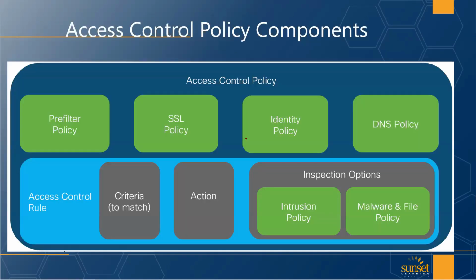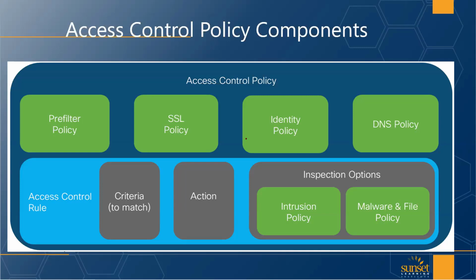So access control policy components. I like this slide here because this basically shows you what it is. When we had a traditional firewall, we had a line, block this, another line, allow this, another line, do this. In this case, what we're actually doing is building a policy and we have different policies inside that.